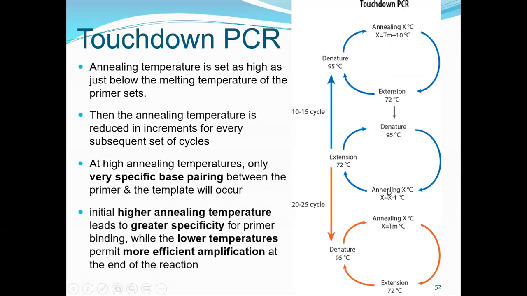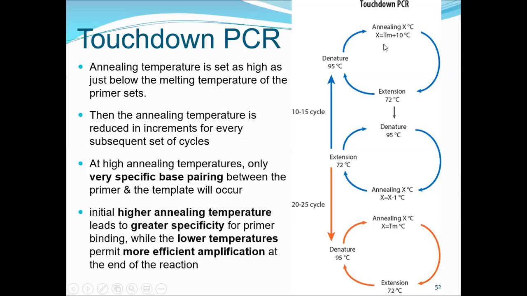Then the next cycle it will be around 63, then 62, 61. So in 10 to 15 cycles, it will reach around 50 degrees Celsius annealing. And then the last cycles, around 20 to 25 cycles, will be performed at around 50 degrees Celsius.